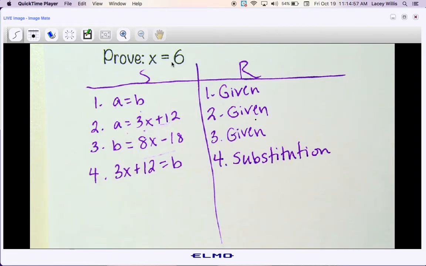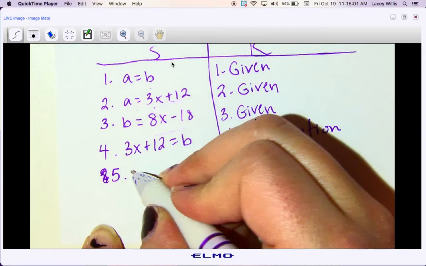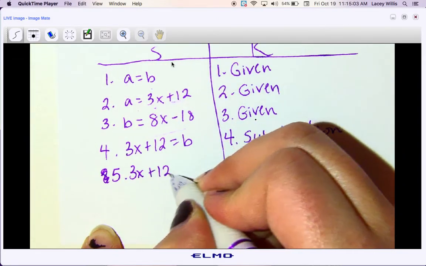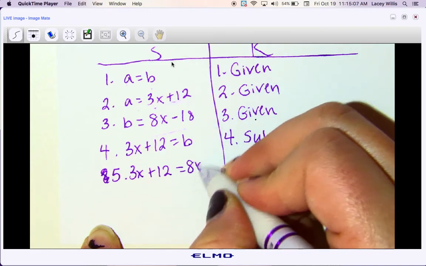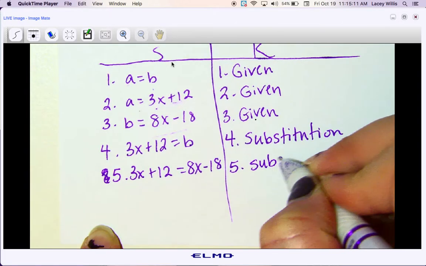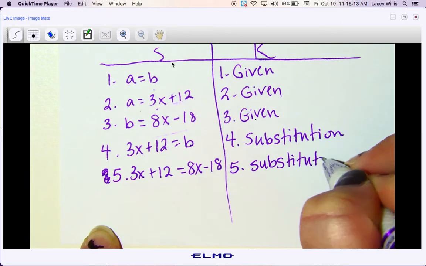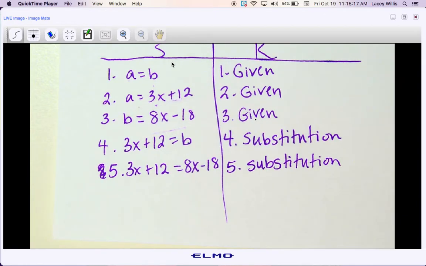Take B out and put that equation in its place. So 3x plus 12 equals, instead of B, I'm putting 8x minus 18. Substitution again. So if you want to do both of those at the same time, since they're the same rule, you can. Any questions about that yet?